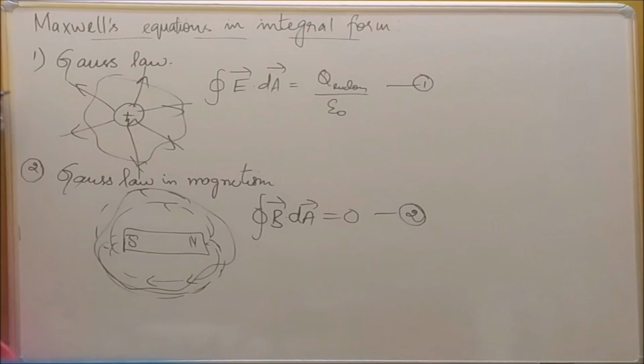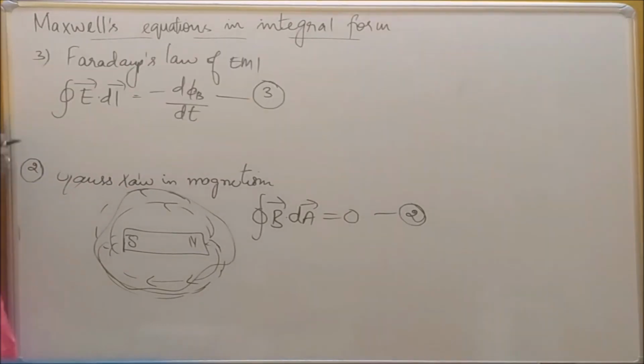The third equation is Faraday's law of electromagnetic induction. We already learned that by changing the magnetic field, an electric field is produced. Yes or no? Yes. So that equation is the integral of E vector dot dl vector is equal to minus d phi B by dt.